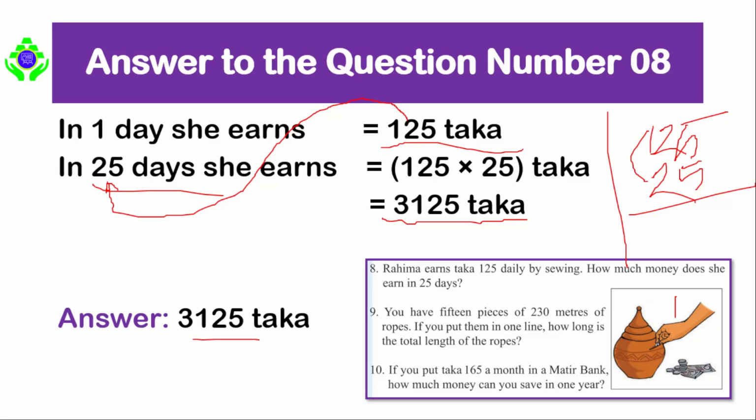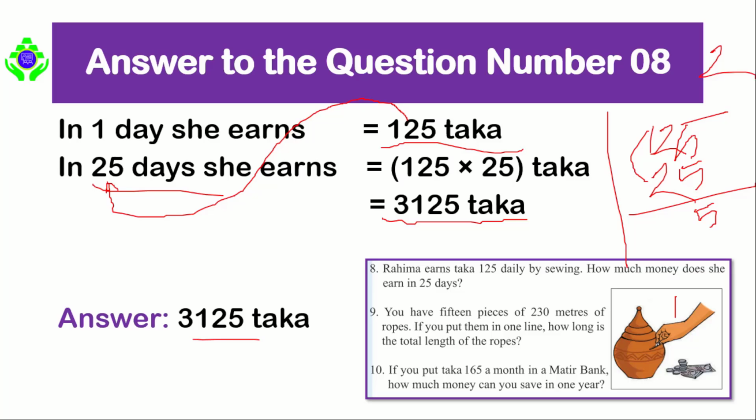We can see 5 into 5 is equal to 25. That's why I can write a 5 and 2 will be in my hand. Then 5 into 2 is equal to 10. 10 plus 2 is equal to 12.